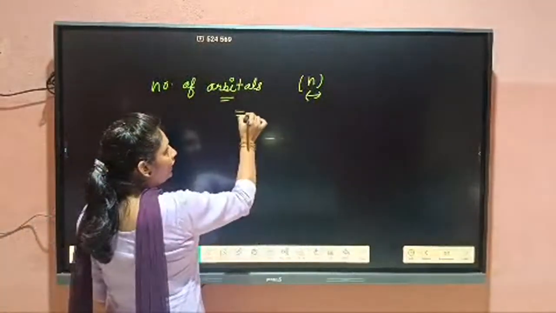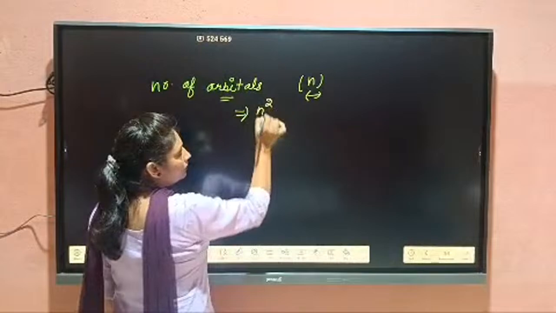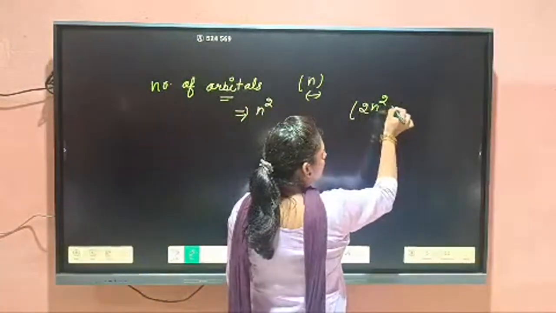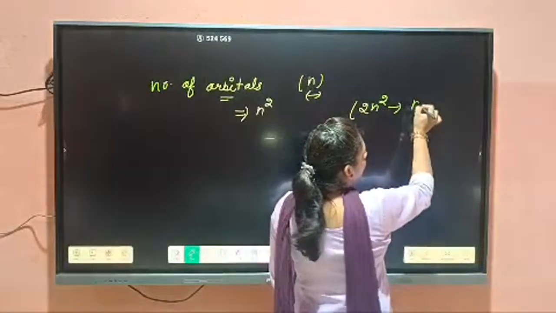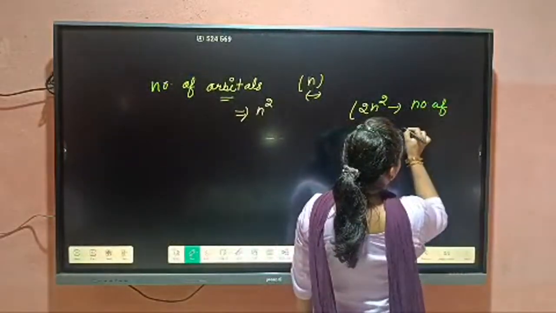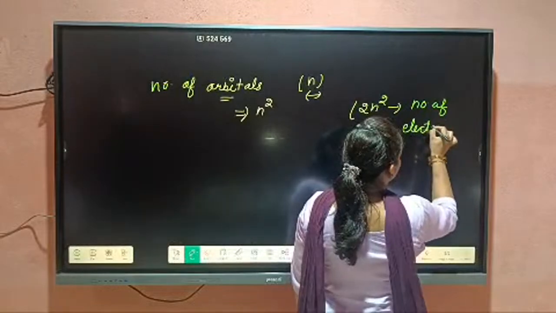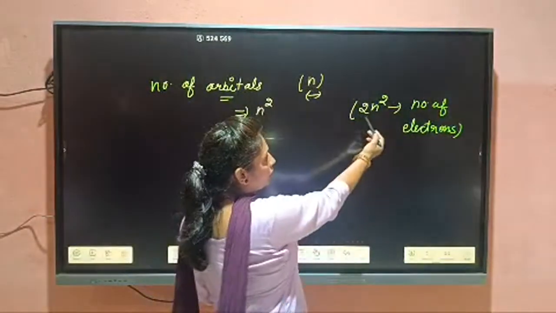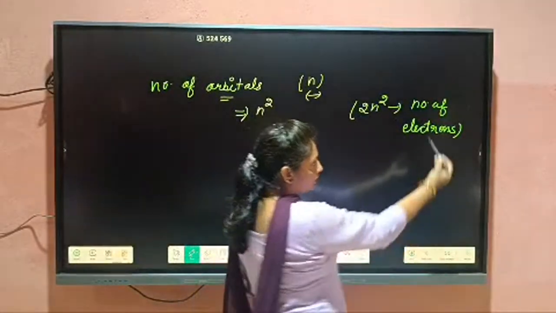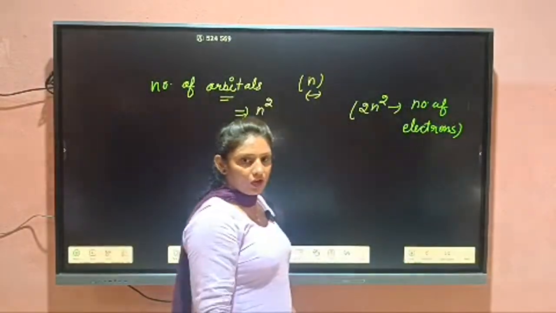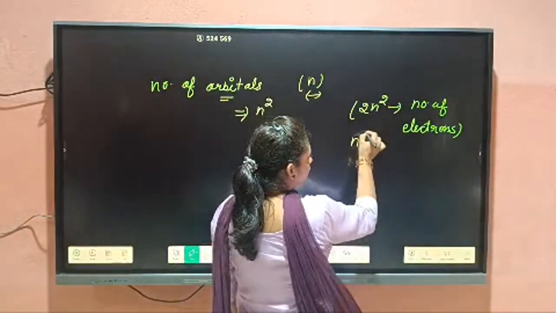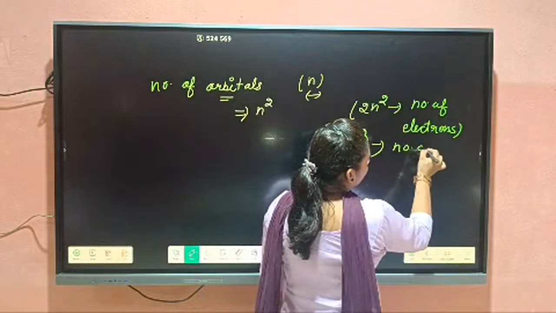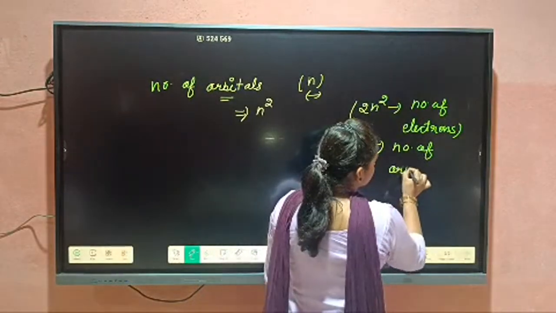By formula n square. 2n square, this formula is used for calculating the number of electrons. Are you getting my points or not? Yes. So formula 2n square is used for calculating the number of electrons, but n square only is used for calculating the number of orbitals.